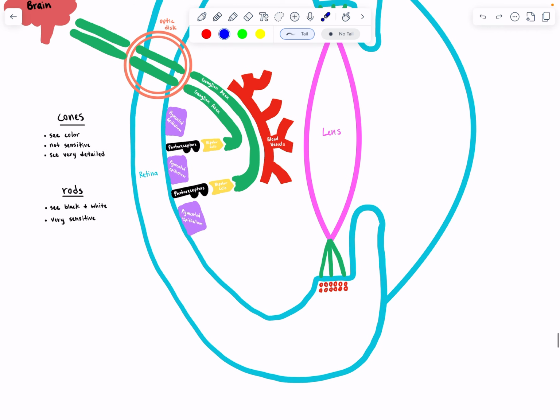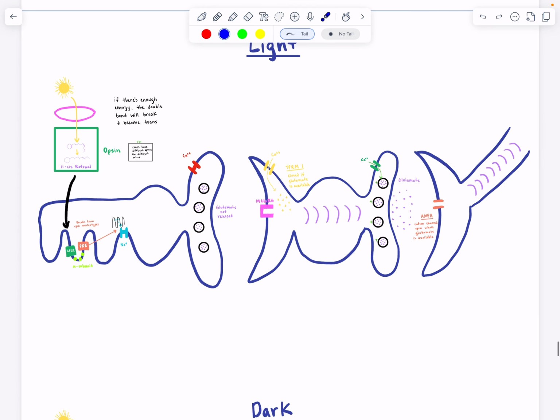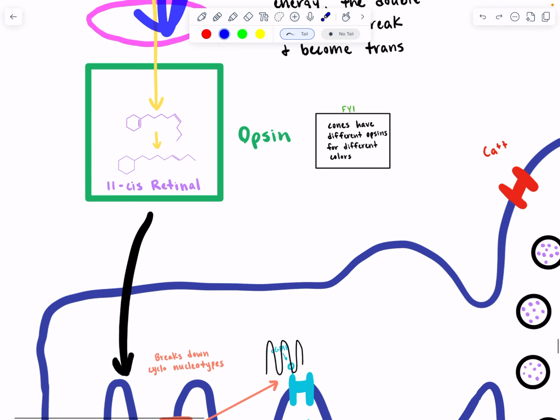So now going further in. Look at these three players, 1, 2, 3, and then take it down here. We've got the same thing, 1, 2, 3, same players. To explain the mechanism behind it, light comes in and hits this thing called 11-cis-retinol.